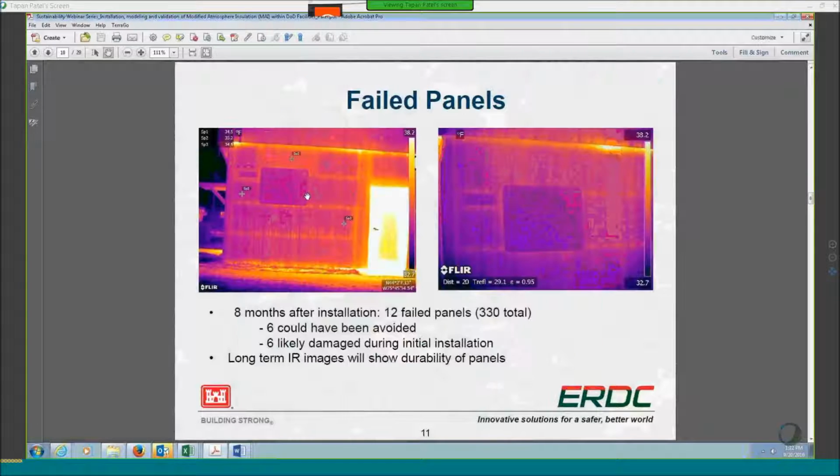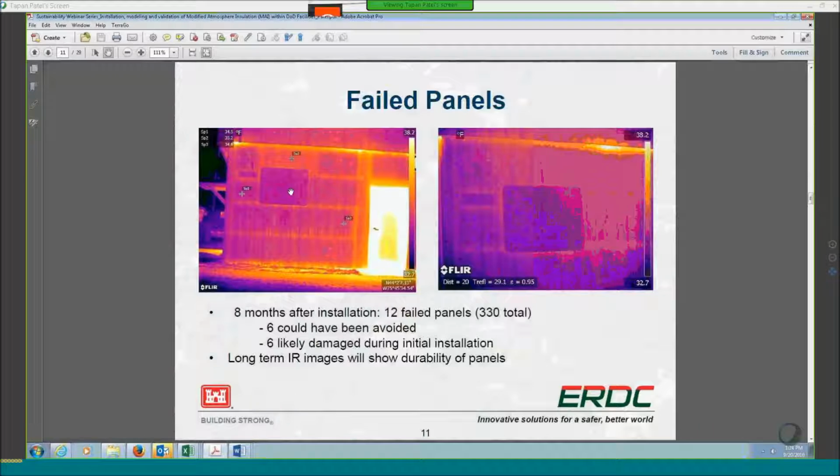But we did have panels in those sections, and so this darker square here is where the sign went up. And so the panels that were behind it, this top row here, and the panels behind this sign, they were all damaged because they were screwed into. So that's an important consideration there.